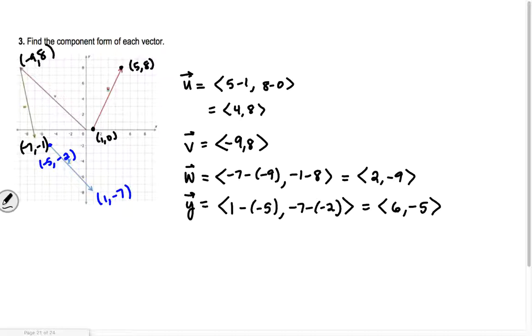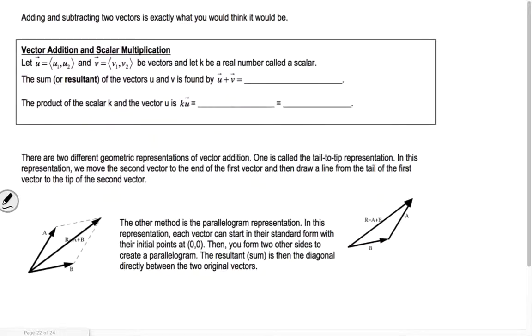All right, makes sense? Okay, and the last thing we're going to talk about is adding and multiplying. So it says adding and subtracting two vectors is exactly what you would think it is. It's actually really easy. The sum of two vectors is you just add their components. So if U was U1, U2, and V was V1, V2, when you add the two vectors, it's going to be U1 plus V1, comma, U2 plus V2.